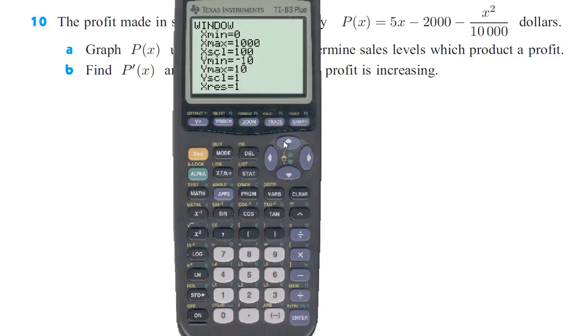Again, this is really pretty much a guess. And then our y minimum, we're hoping that we're not going to lose a bunch of money, so let's put our y minimum at 0, and our maximum, who knows, let's try 5,000, give that a look and see what happens there. All right, it's just a shot in the dark.